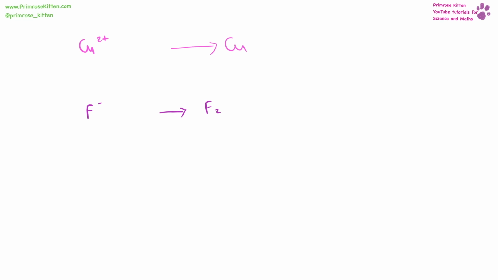The only thing we can add in is electrons, which have a negative charge. Because copper is 2+, we need to add in 2 electrons. We are adding in electrons, this is gain of electrons, so this is reduction. And because copper is positive, it will go to the negative electrode, which is the cathode.